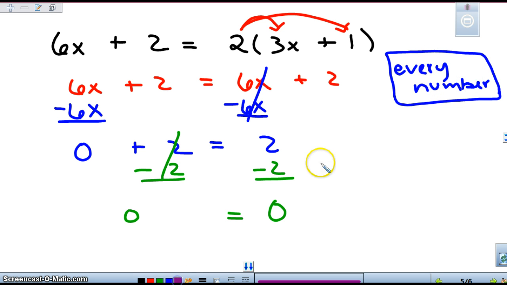So for example, if I want to check, let's say my favorite number is 5. Okay?